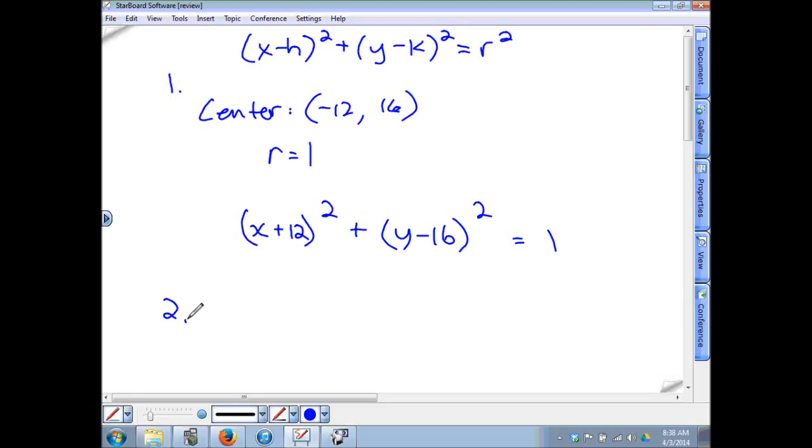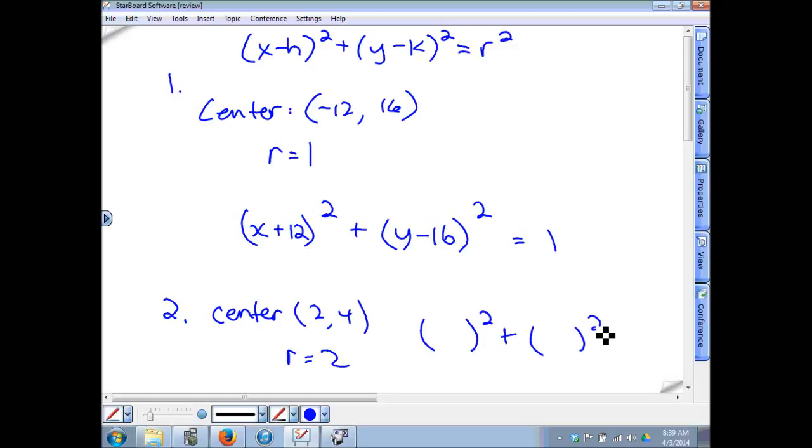Question 2, you have to locate the center on your own. So just look at the circle and find the center. Where's the center? It appears to be about 2, 4. Now start at the center and count straight over to the side of the circle. What's the radius? Radius is 2. Now we do the same thing. Make an equation.